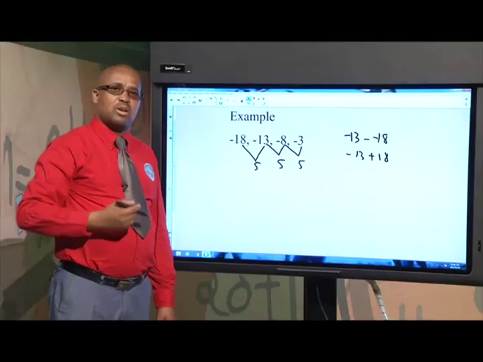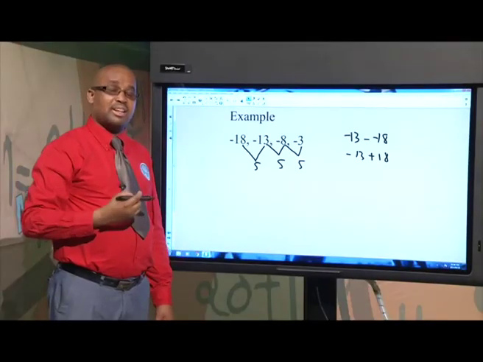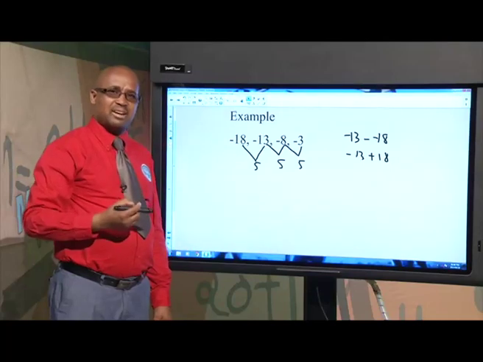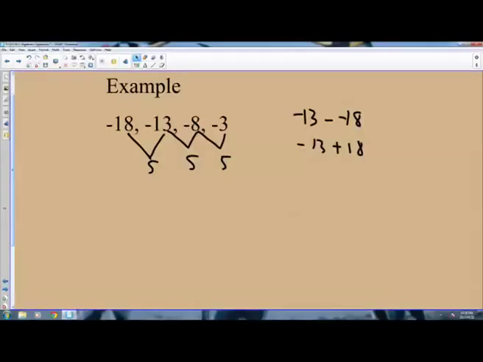And we said when the first difference is a constant, then it means the sequence is linear, and it will take the form an plus b, where a equals the first difference and b is a constant. In this situation, our a is equal to 5. This is the value of a.